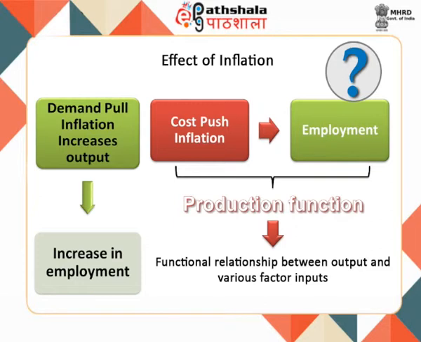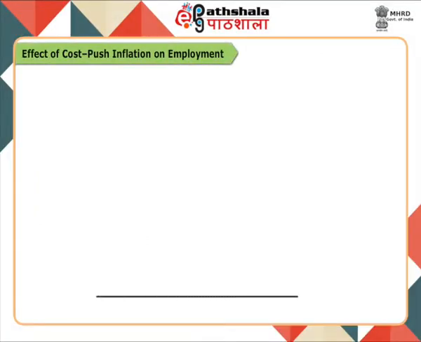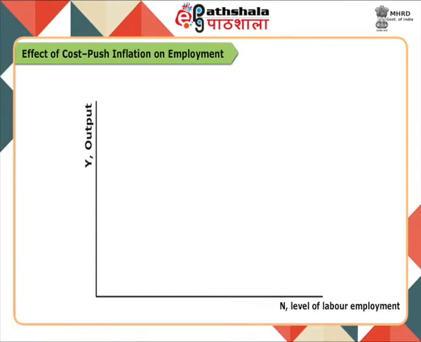Due to this, employment may not fall. In the diagram, N represents level of labor employment and Y represents output. Initially, the production function is given by Y = f(N, V0).